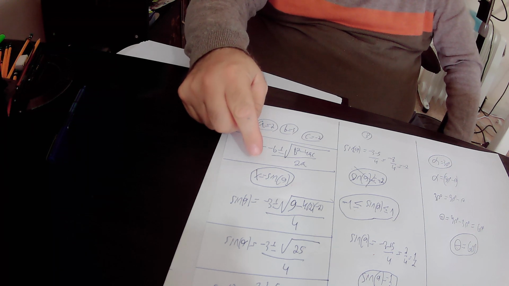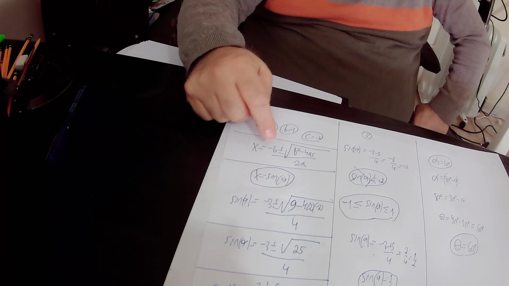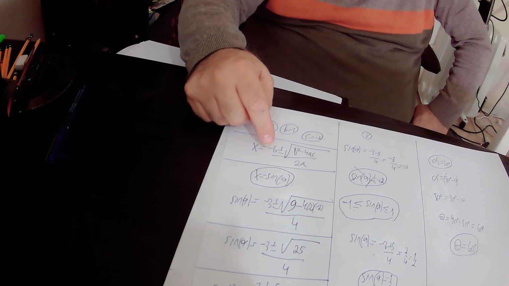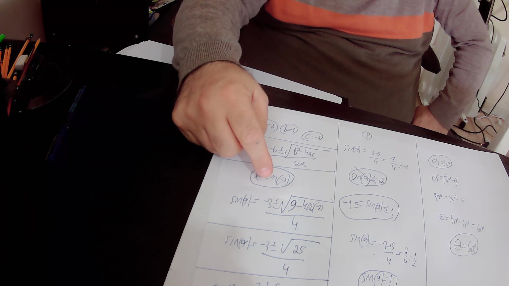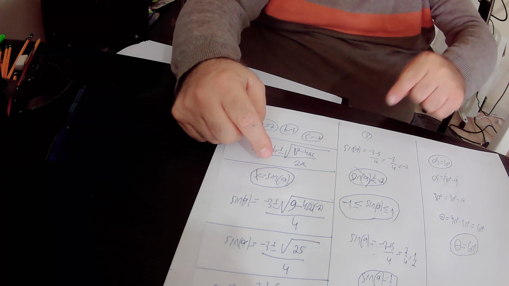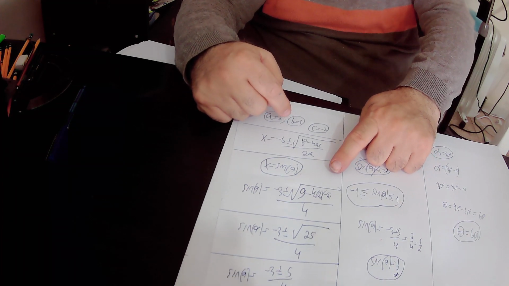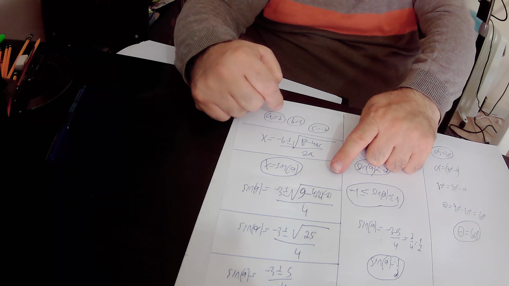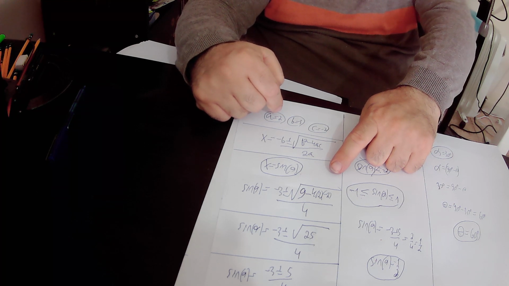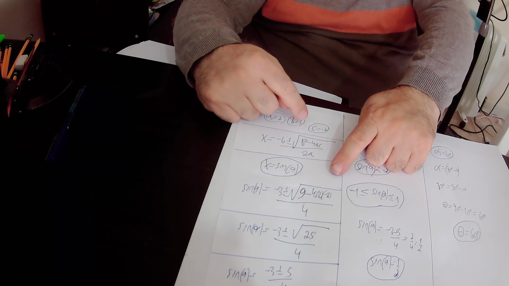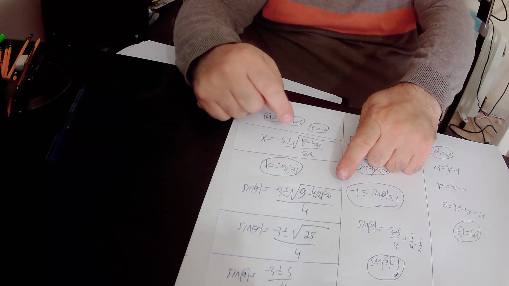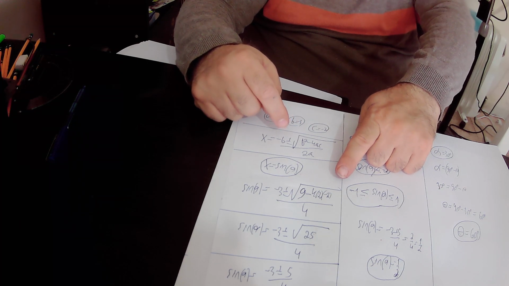So x equals sine alpha, and sine alpha equals minus b, b equals 3, so minus b equals minus 3, plus minus square root of b squared, that is 3 squared, 9, minus 4 times a, which is 2, times c, which is minus 2, over 2a, a is 2, so 2 times 2 is 4.